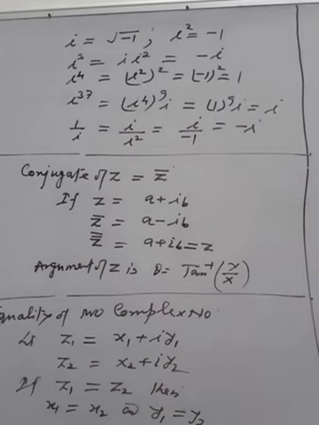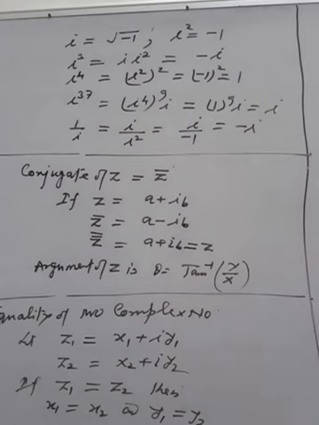Now see equality of two complex numbers. Let two complex numbers be z1 and z2, where z1 is x1 plus iy1, z2 is x2 plus iy2. If z1 is equal to z2, then equalize their real and imaginary parts.